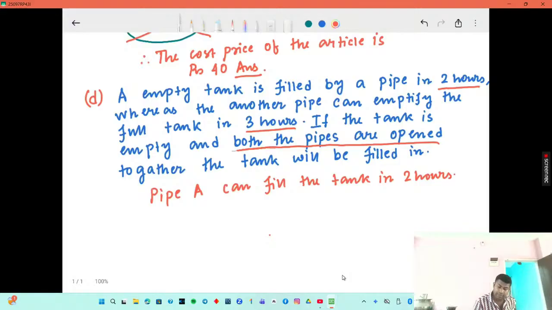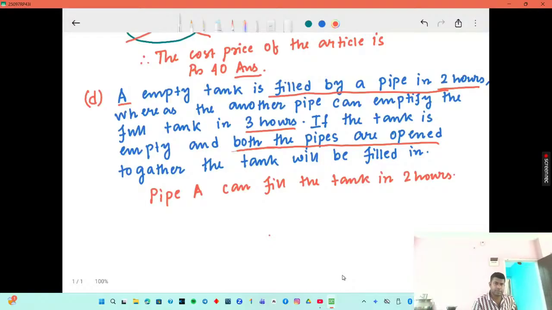In the first line of this question, it is given A can fill the tank in 2 hours. So, how much of the tank can be filled by pipe A in 1 hour?